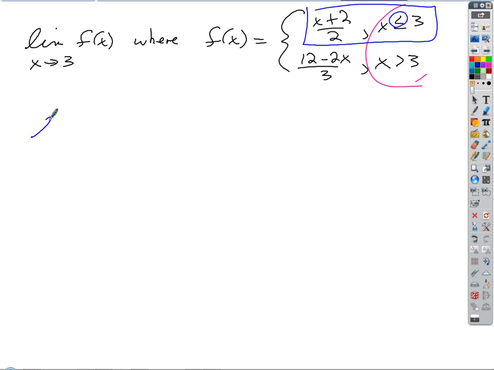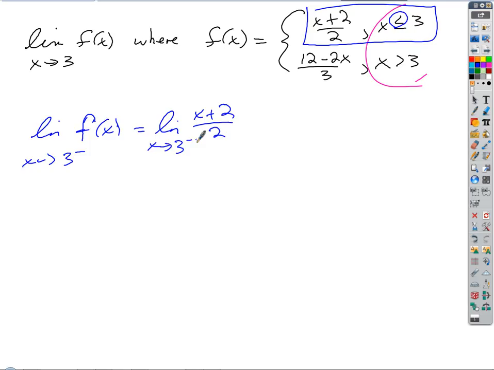So then, the limit of f of x as x approaches 3 from the left is equal to the limit of this piece, right? The limit of (x plus 2) over 2 as x approaches 3 from the left.